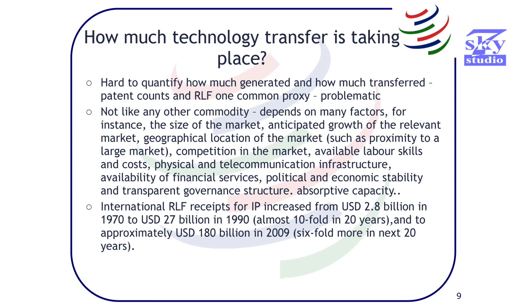Now, you're going to ask me how much technology transfer is actually taking place since the TRIPS agreement was adopted. And the first problem we have here, obviously, is how to measure technology transfer. There's two ways currently to do this. Some people look at patent counts. How many patents are registered in a country by foreign firms? But obviously, this patent count will only show the patents registered.